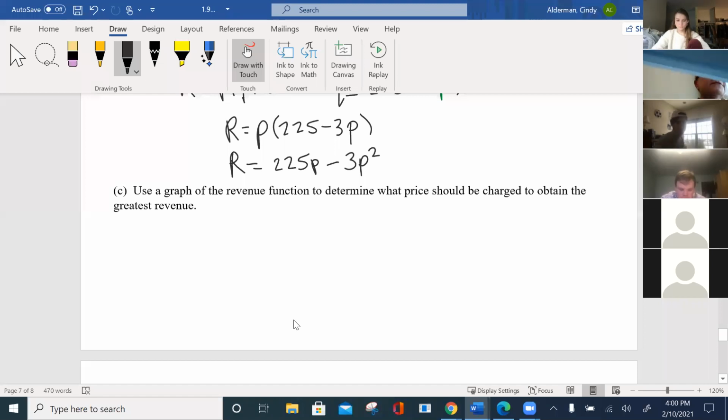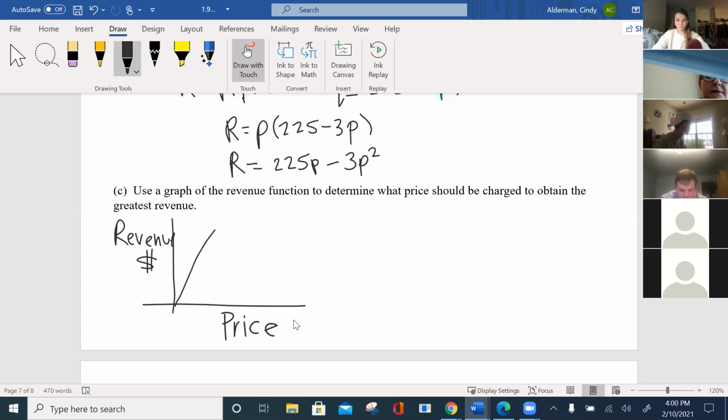If you graphed this revenue function, I just want to save those other graphs for something coming up. You would get, not surprisingly, an upside down parabola, right? Because if you wrote this how we write it in algebra 2, it would be negative 3p squared plus 225p. And the negative 3 means that it's an upside down parabola.